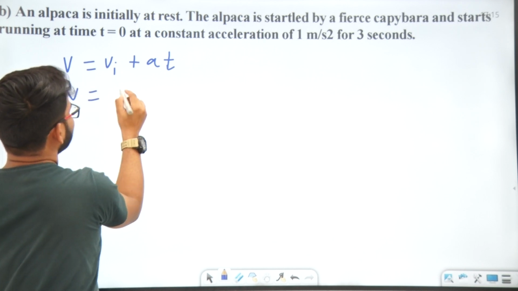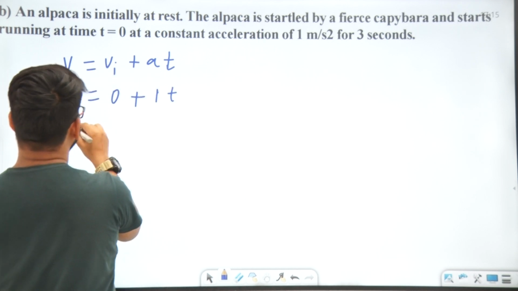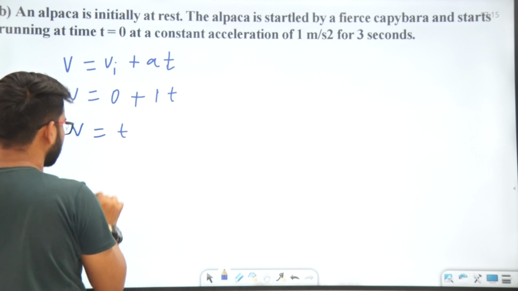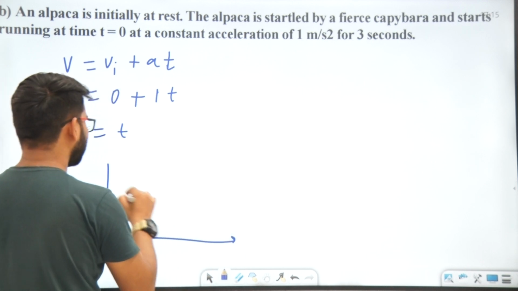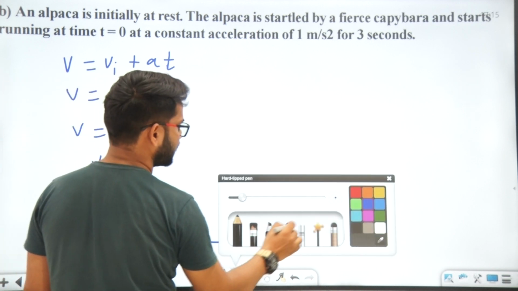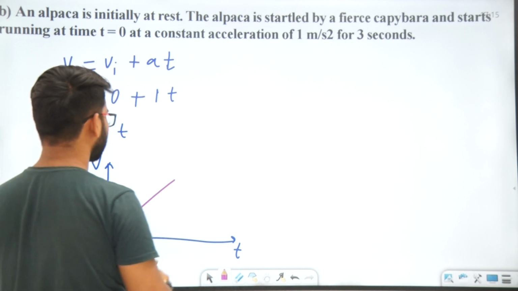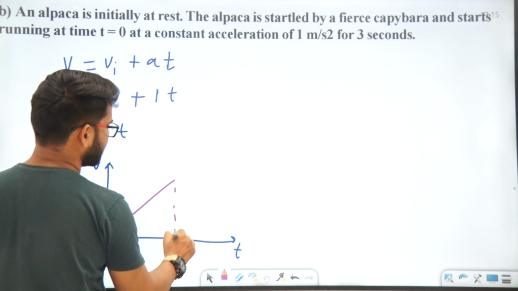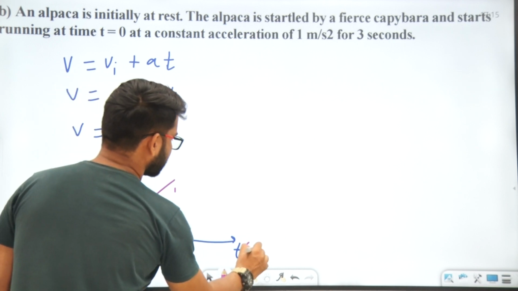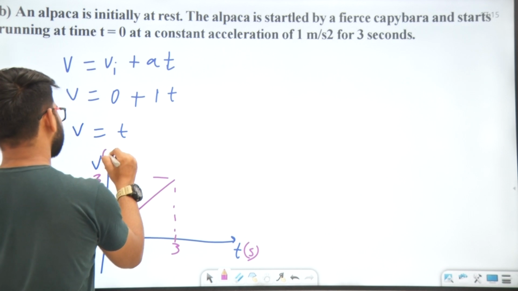So v will be 0 plus 1 into t, so v equals t. If you draw the variation of velocity with time, it will be directly proportional, so the graph will be a straight line, right? At t equals 3 seconds, velocity will be 3 meters per second.